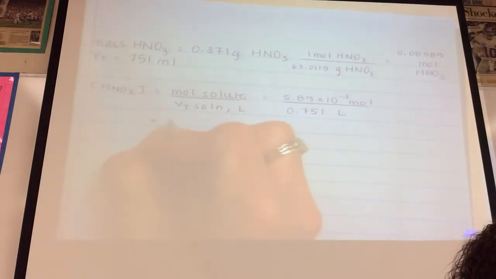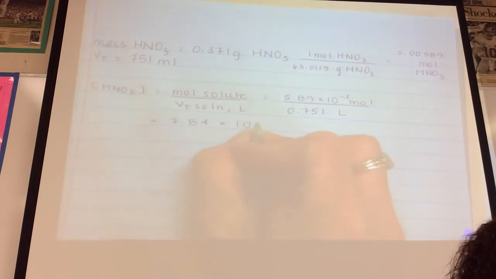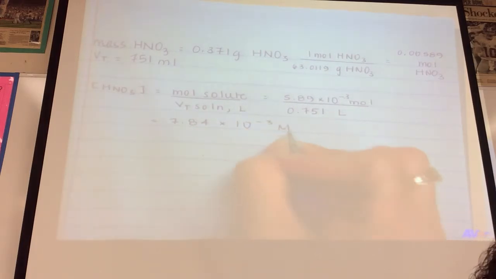And the concentration is 7.84 times 10 to the negative third molar.